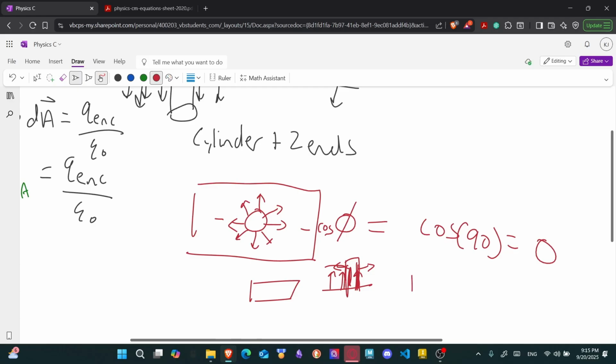But if you look at the circular ends, so this is the body of the cylinder and these are the ends, the field is pointing up. So it's pointing parallel.